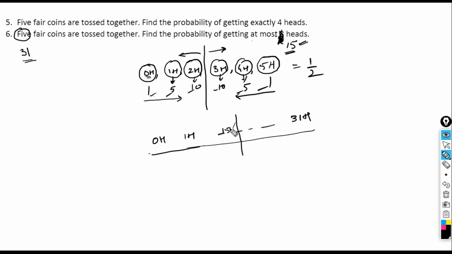So 0 to 15 is on one side and 16 to 31 is on the other side. Either way my outcomes are the same for all the values. So the number of possibilities on the left hand side is equal to the number of possibilities on the right hand side. So the required answer is going to be straightaway 1 by 2.